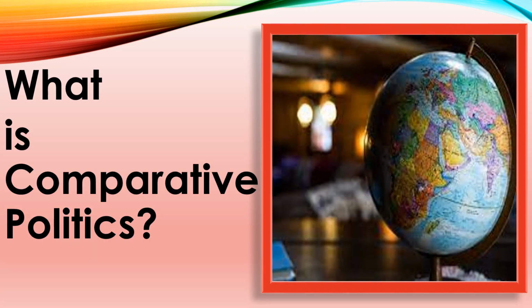Now let us know about what is comparative politics. Broadly, the goal of comparative politics is to encompass the major political similarities and differences between countries. The task is to develop some perspective on the mixture of constants and variability which characterizes the world's governments and the context in which they operate.